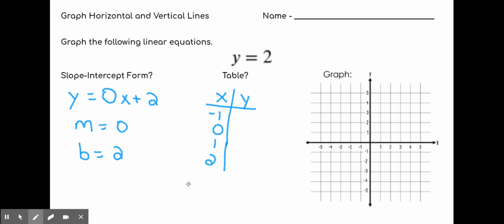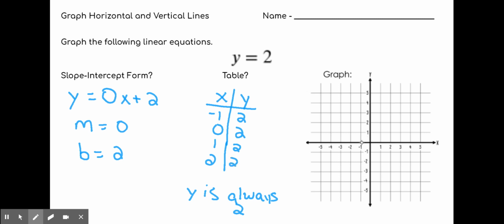Y is always 2. Regardless of what x is, y is 2. So -1, y is 2. X is 0, y is 2. We already knew that, right? Because our y-intercept is 2. X is 1, y is 2. X is 2, y is 2.